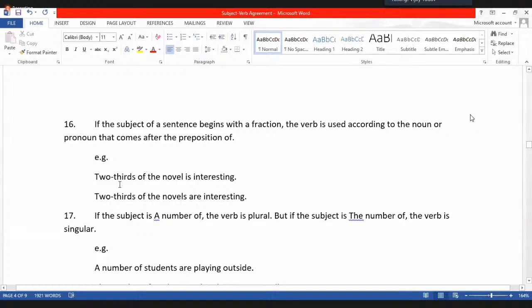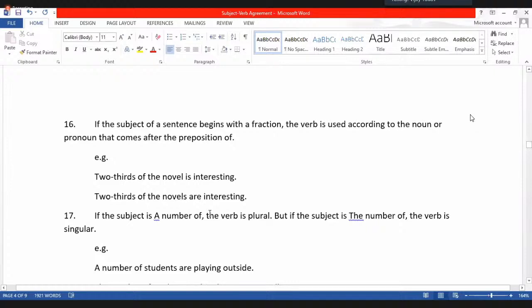So try to understand. 2/3 of the novel is interesting. Here, two-thirds of the novel is the subject. Now 2/3 is the fraction, then the preposition. After this preposition you have the novel, which is singular, so that's why here is. And in another, 2/3 of the novels, after the preposition you have novels, which is plural, that's why are.